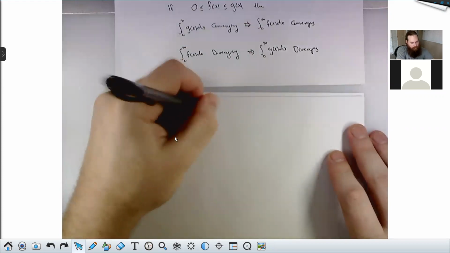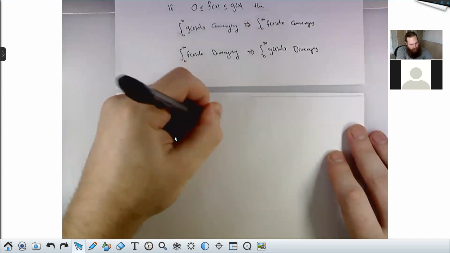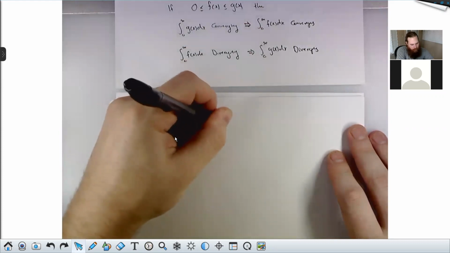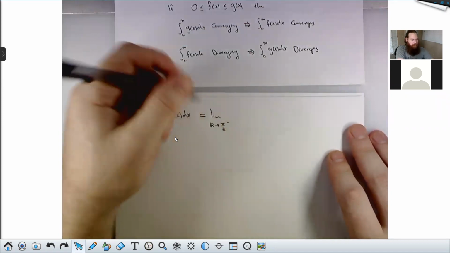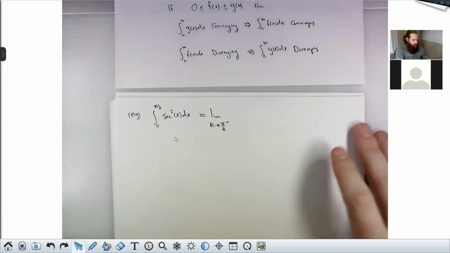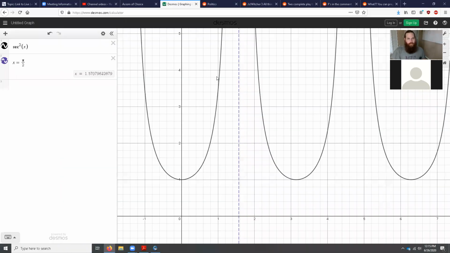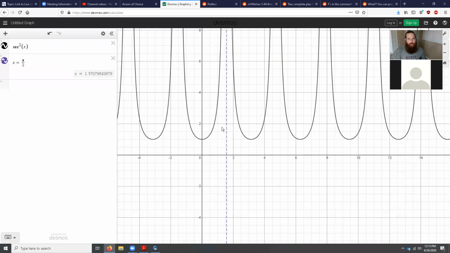So I would write this as the limit as r approaches pi over 2 from the left. All right, think about our graph here. I want to sneak up on this infinite discontinuity. And the way to do that is to come in from 0 here and sneak up on it from the left.